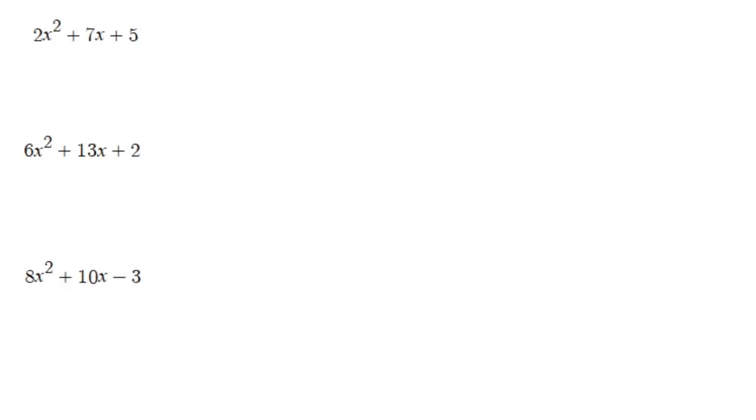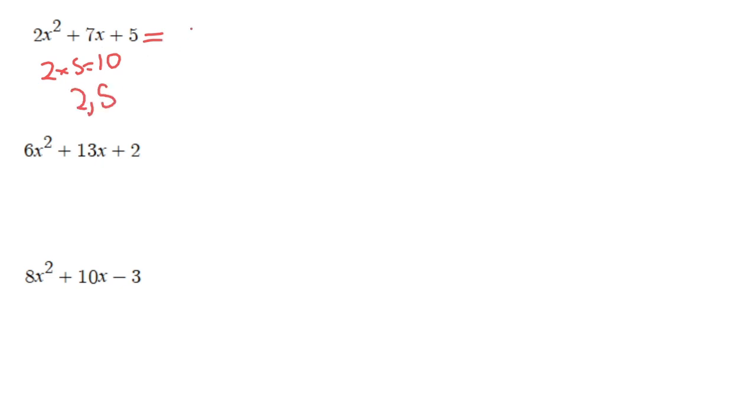And now finally, here we have a few questions, and you can pause and try to solve them. Okay, if you try and solve them, I'll show you how to do them. So for this one, 2 times 5 equals 10, and things that multiply to 10 and add to 7 are 2 and 5.